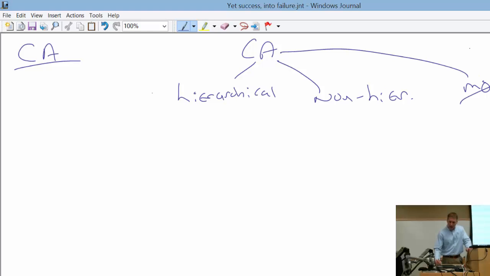We did not do model-based approaches in our class. Under hierarchical, there are agglomerative and divisive.